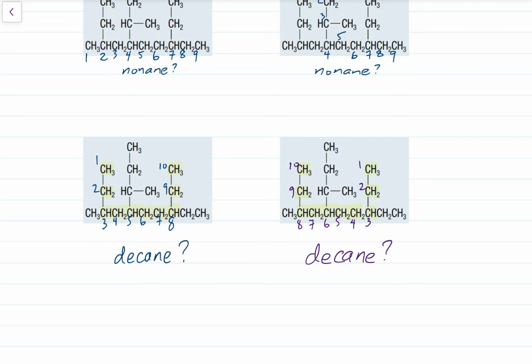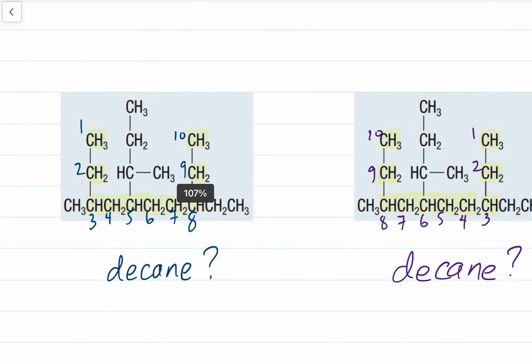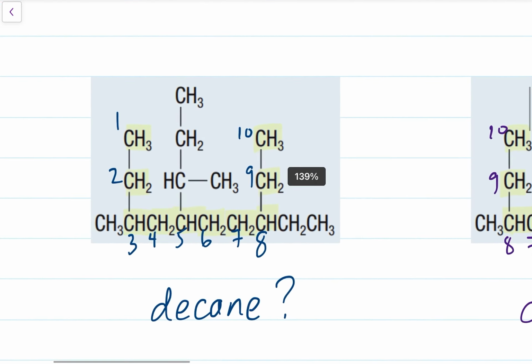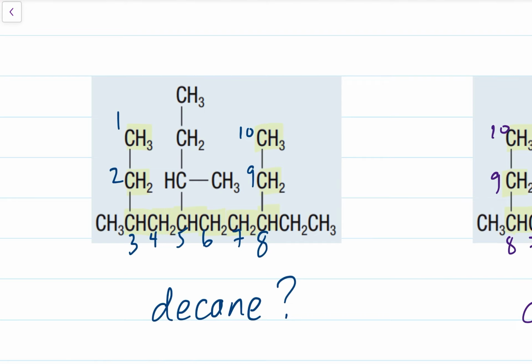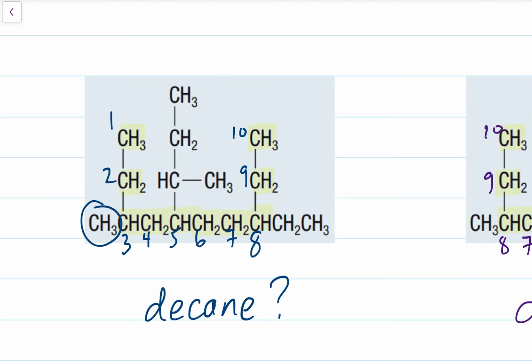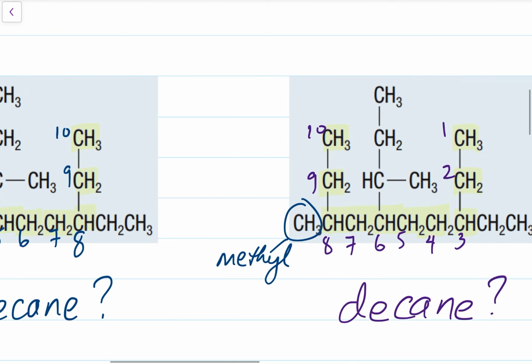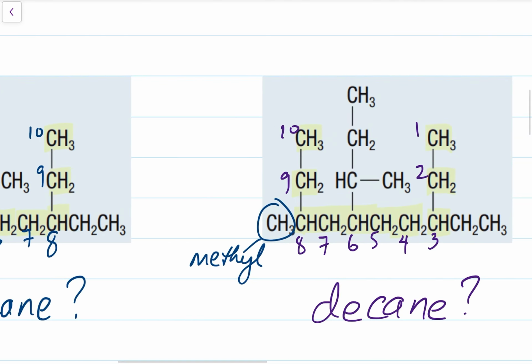Now we know that it's a decane, so now we want to actually identify the branches. This is where your memory work of branches has to come into play. So here we've got a methyl group. And therefore on this one over here too, we've got a methyl group. So we know this Christmas tree is a decane of some sort.